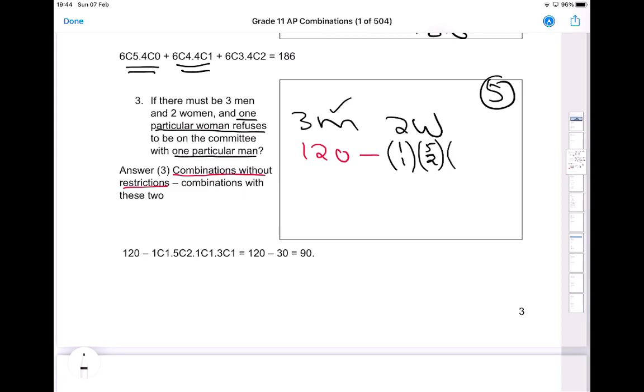But the woman also can be chosen. This woman should be there no matter what. But we need 2 women altogether. That means we need 1 more woman in addition to this woman who is here already. But the 1 more woman that we are picking is now picked from the 3 that are remaining. So that is 3, 1. If you simplify that, you should get an answer of 90.